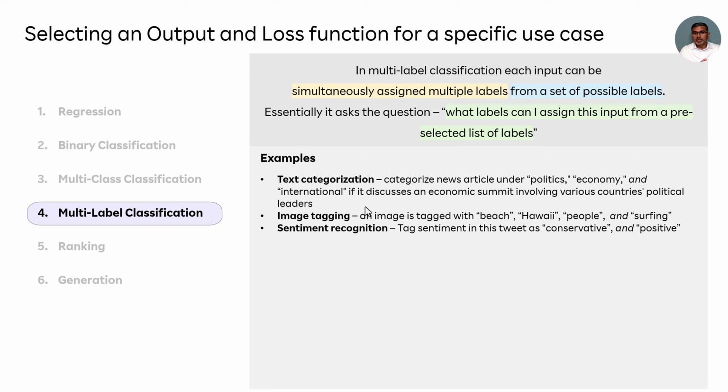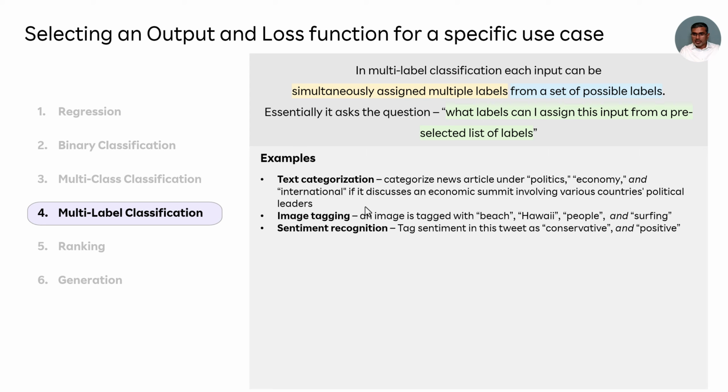For example, if there's an article that talks about some economic things being studied at a UN summit, then it would assign the labels economy and international, as an example. Image tagging: you would take an image, let's say a dog playing at a beach, and you would label it as dog, beach, playing, the three labels.